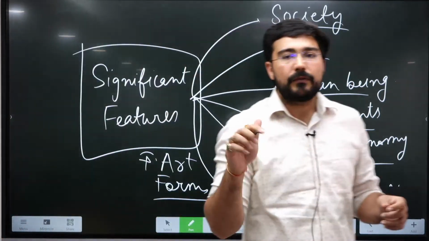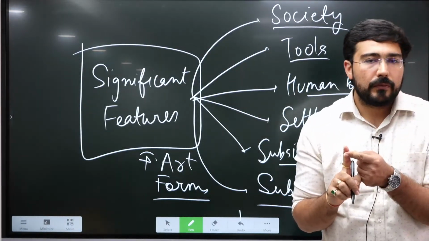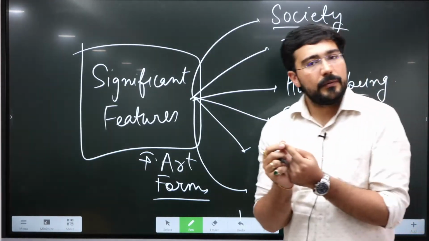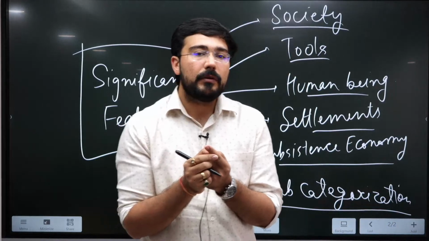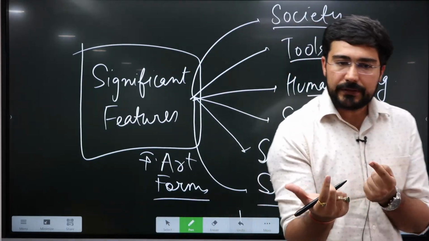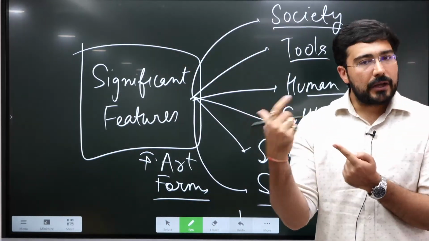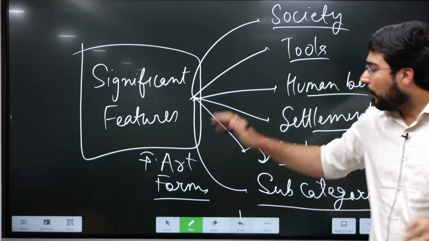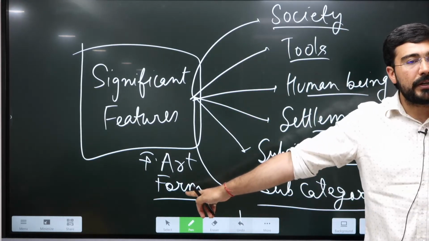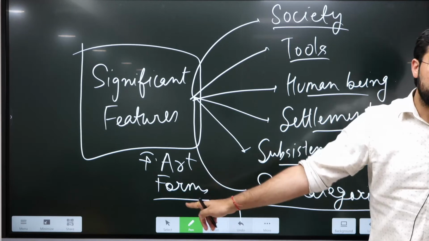Which art forms do we know? Some of the paintings of Bhimbetka, the Auditorium cave we also discussed, and the ostrich eggshell paintings we discussed. All those you are going to merge under the subheading of various art forms of Paleolithic people.